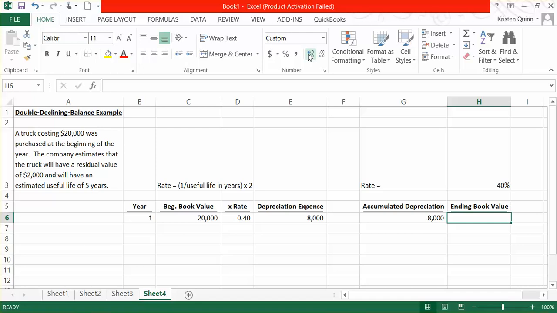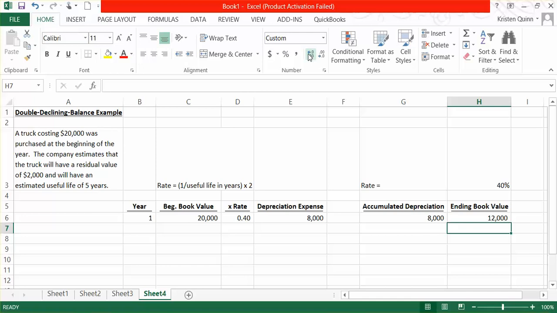At the end of the year, we need to calculate the book value again. Remember, our book value is the initial cost of the asset minus accumulated depreciation. So, our initial cost of the asset was $20,000, and we're going to subtract away from it our accumulated depreciation, which is now $8,000.